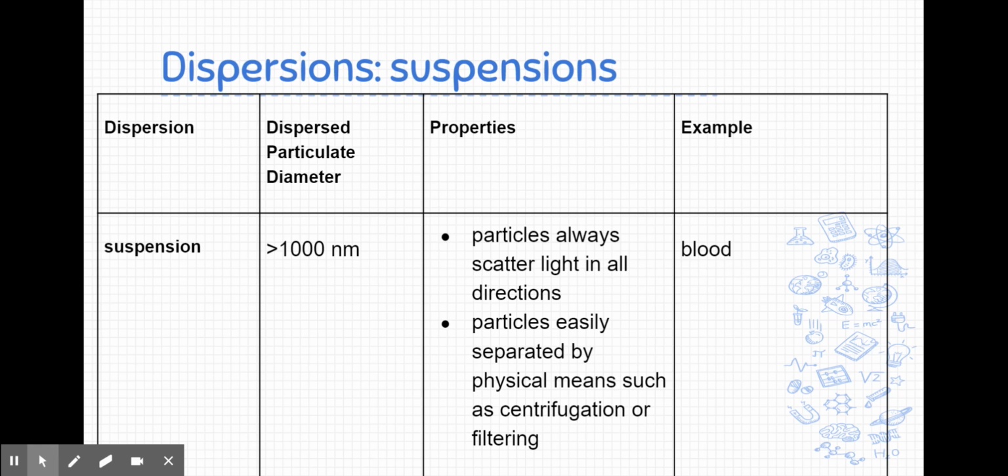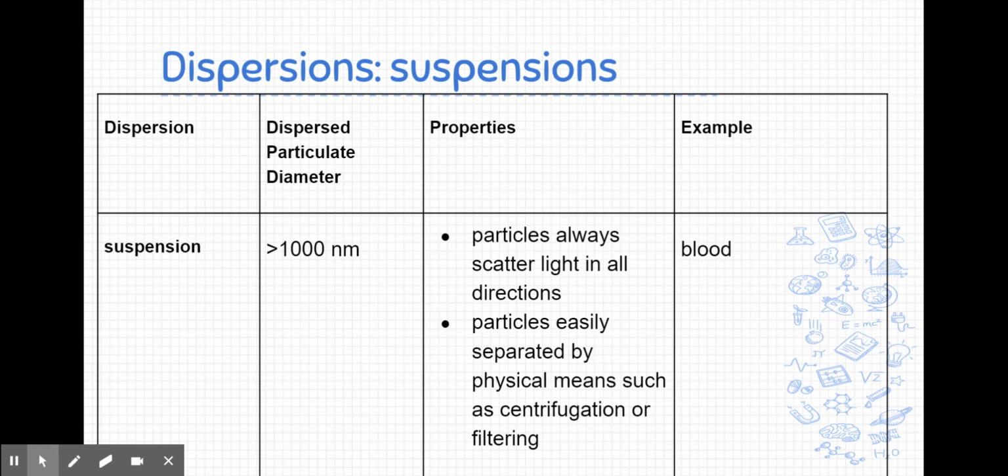In terms of the properties of suspensions, they are typically opaque or translucent because they scatter light. This is because the particles which make up the suspensions are so large. Suspensions can be separated by physical means, using a centrifuge or through filtering.